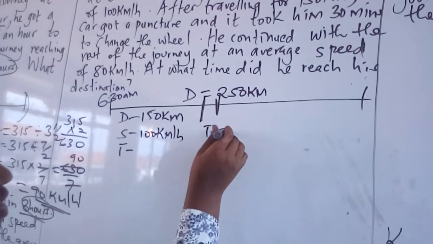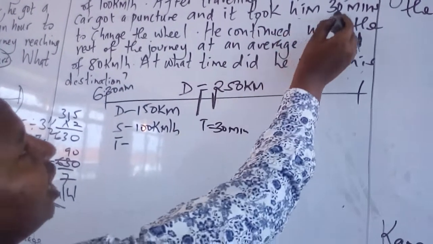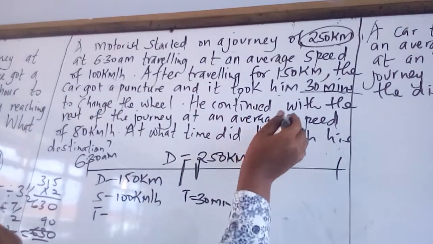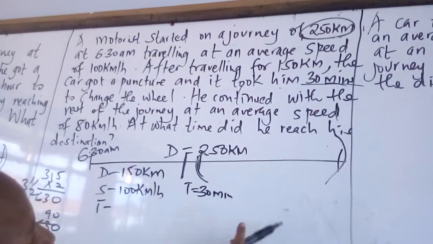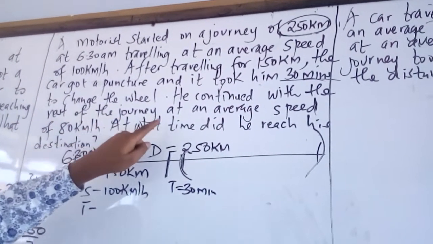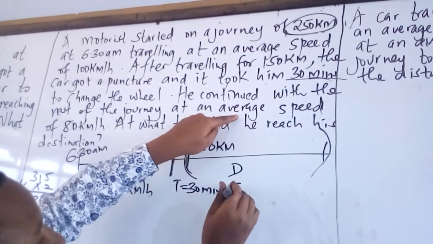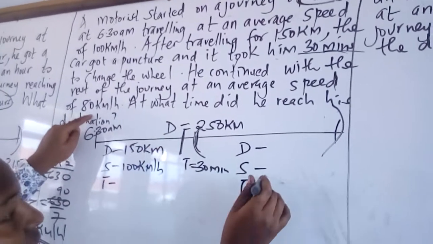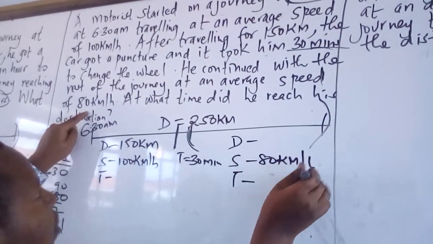But you are told resting time took 30 minutes to change the wheel. He continued with the rest of the journey at an average speed of 80 kilometers per hour.